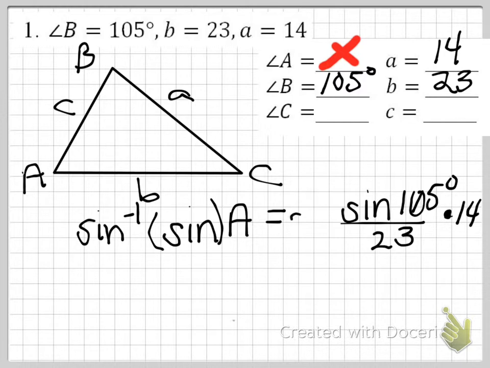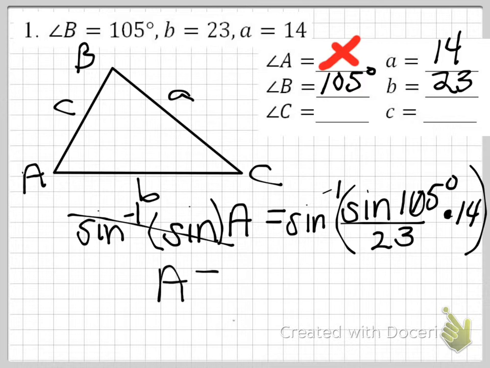And whatever I do to one side, I need to also do to the other side. The reason for doing this is that the inverse will cancel out the original function and leave me with just A. If I plug this right here into my calculator, I get that angle A is simply 39 degrees.